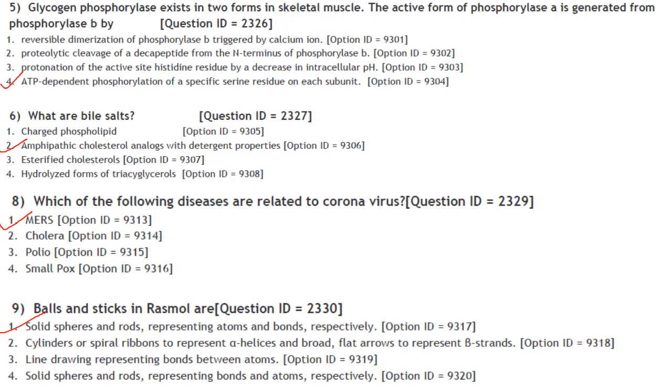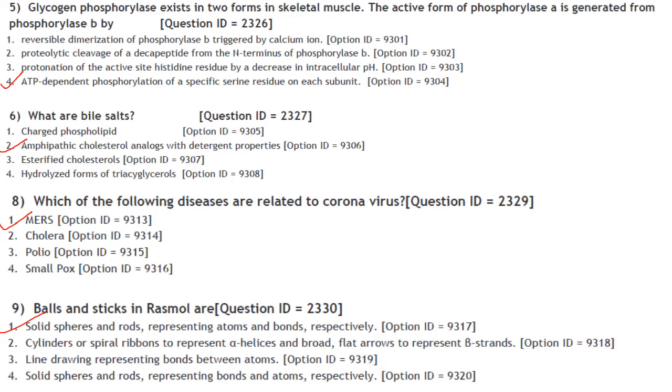The active form, phosphorylase A, is generated from phosphorylase B by... So glycogen phosphorylase occurs in two forms, and the more active form is phosphorylase A and the less active form is phosphorylase B. Phosphorylase A has two subunits, each with a specific serine residue that is phosphorylated at the hydroxyl group by phosphorylase kinase enzyme, and ATP is involved in the reaction; ATP is converted to ADP, and you will get active phosphorylase A from phosphorylase B. So the answer here is ATP dependent phosphorylation of a specific serine residue on each subunit.